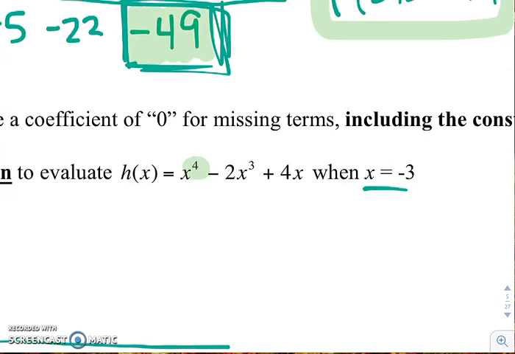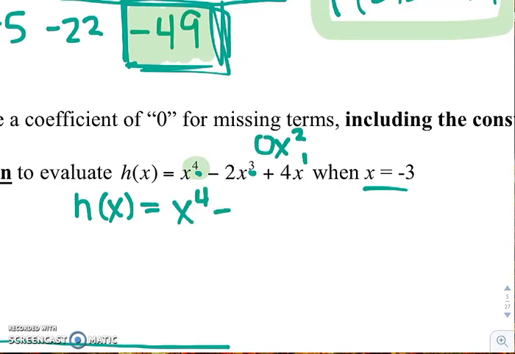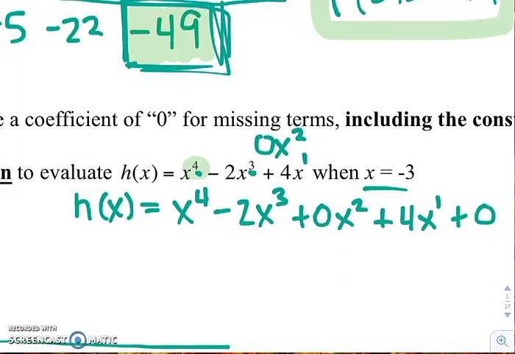So we don't have a squared term, and then we don't have a constant. So I'm just going to rewrite this in order so that you guys can see what's missing. We have our 4th degree, our 3rd degree, we need our squared, then we have our x to the 1st, and then we need our constant.